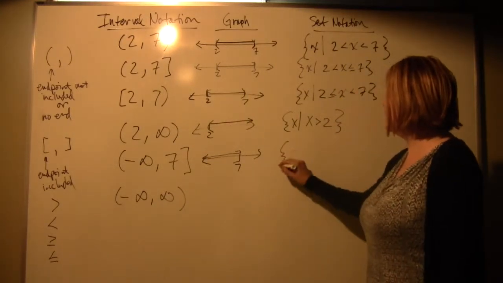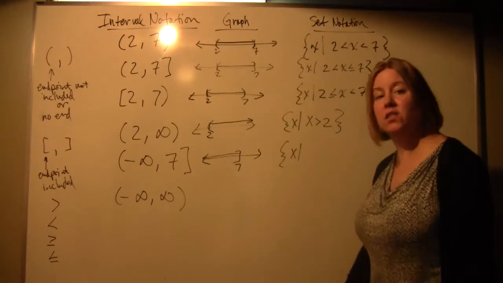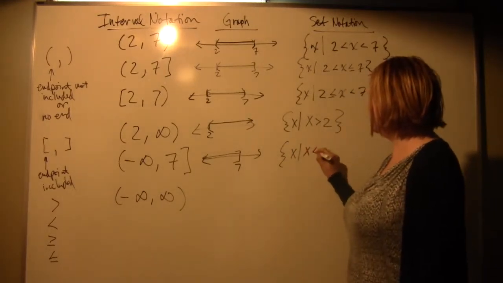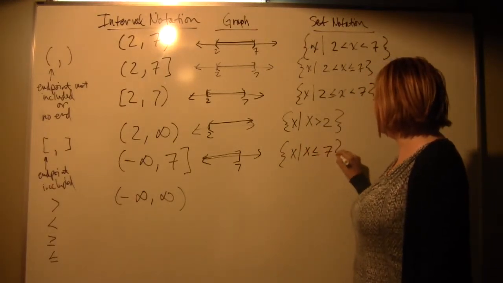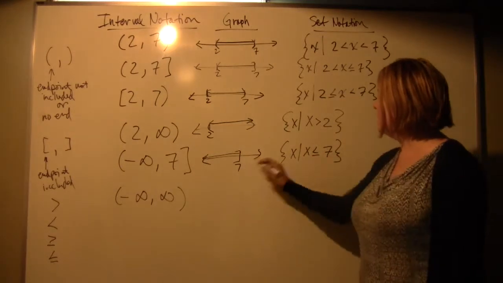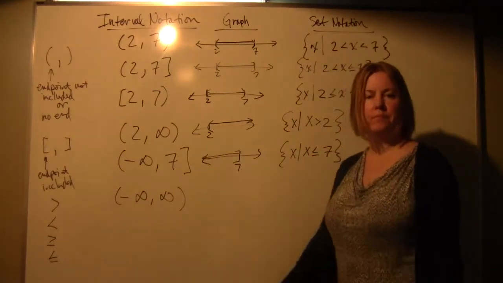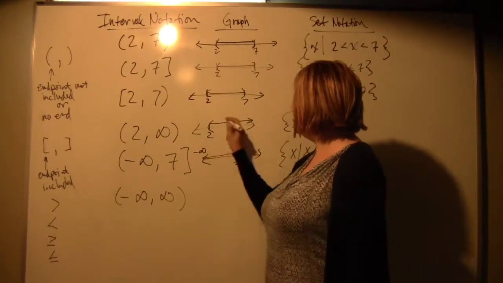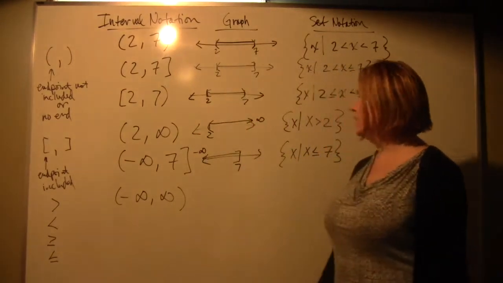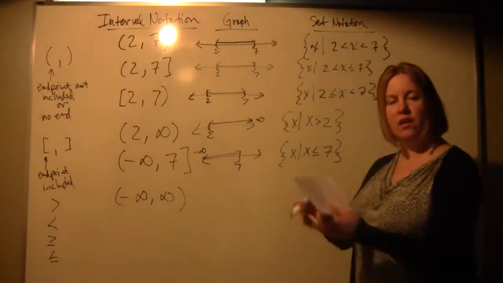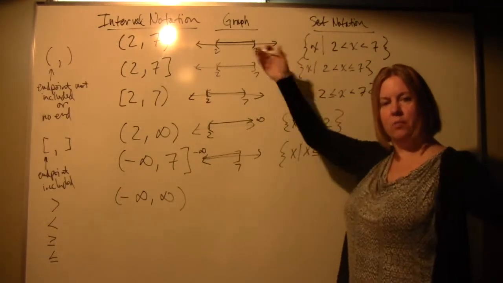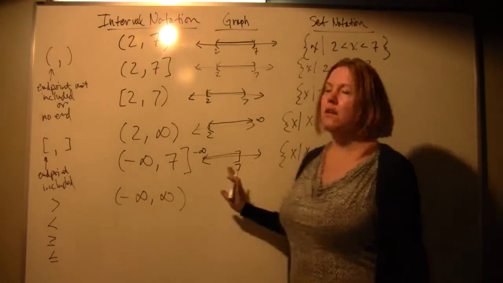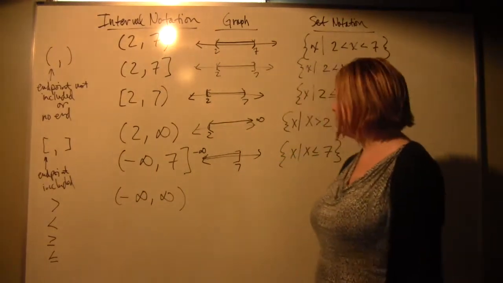And set notation for that would be the set of all x such that x is less than or equal to 7. X equals 7 and is less than 7. Okay, and this way is negative infinity. This way is positive infinity. Just like on your x number line. You've got your positive numbers going this way, your negative numbers going that way.